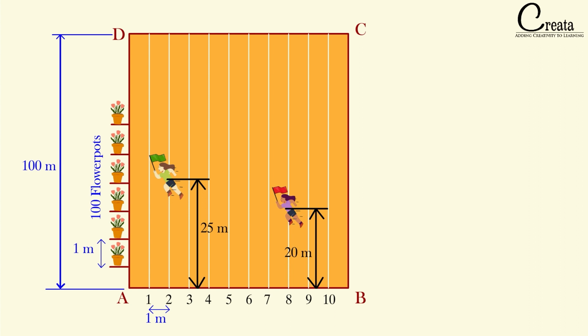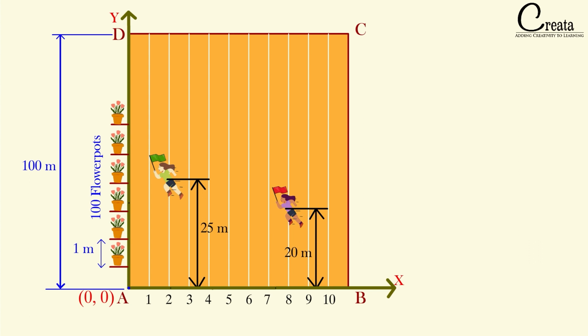If we observe this rectangular ground as a coordinate plane and the point A is 0, 0, that is the origin, can we say the line segment AB is the x-axis and the line segment AD is the y-axis? Yes, we can say so. On the x-axis, we have 10 lines. So basically these 10 lines, 1 to 10, are the x coordinates: 1, 2, 3, 4, 5, 6, 7, 8, 9, 10.